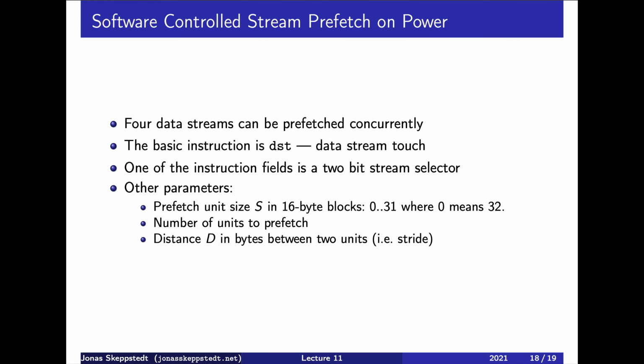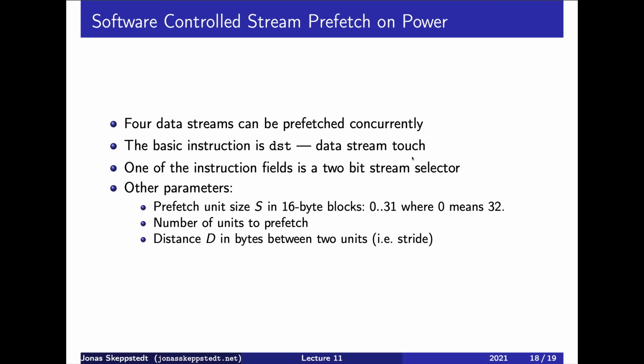There is another option as well on Power, namely to prefetch up to 4 so-called streams. You can see them as arrays. And then we don't use cache blocks, because they differ between different versions of the CPU, of the Power architecture.